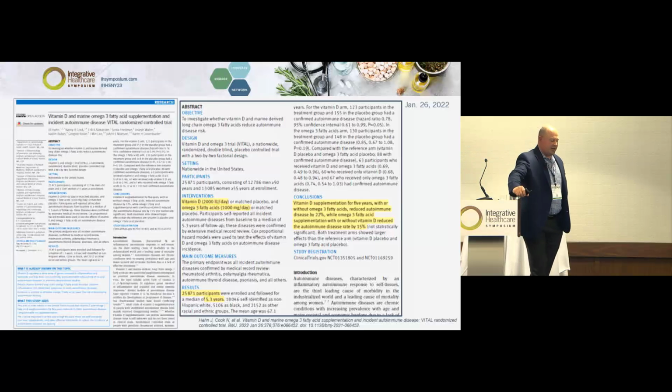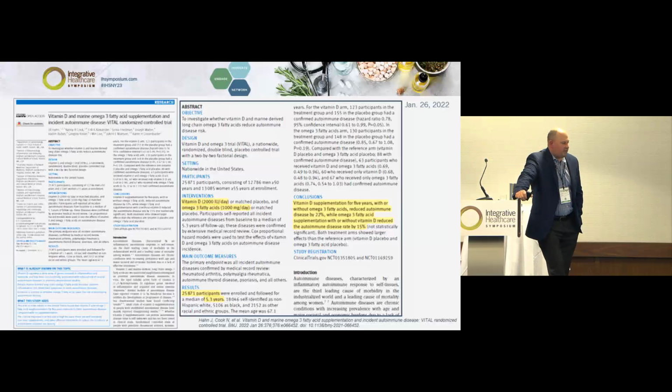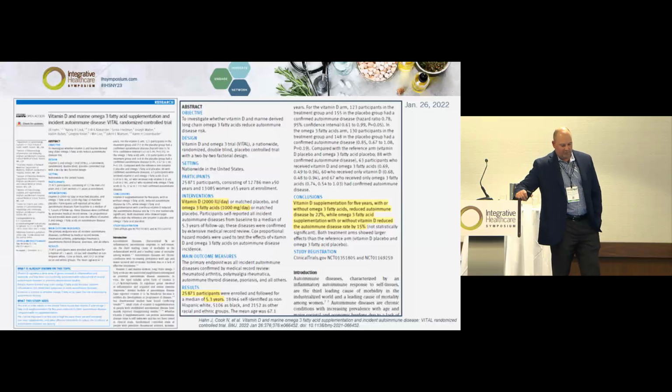So they did a study looking at vitamin D and fish oil on autoimmune disease, and they showed that vitamin D supplementation for 5 years, with or without omega-3s, reduced autoimmune disease by 22%. And if you add the omega-3 fatty acids, with or without vitamin D, it was 15%.